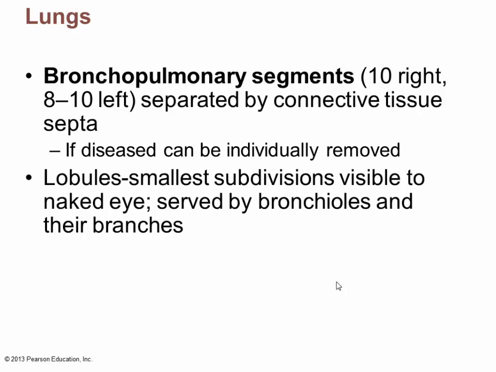Now, the lobules are also surrounded by connective tissues, and if you are breathing in smoke or debris, if you live in the city and are just breathing in dust and dirt all the time, it's usually the connective tissue around the lobules that's picking all of it up, and it makes your lungs appear kind of dirty looking.